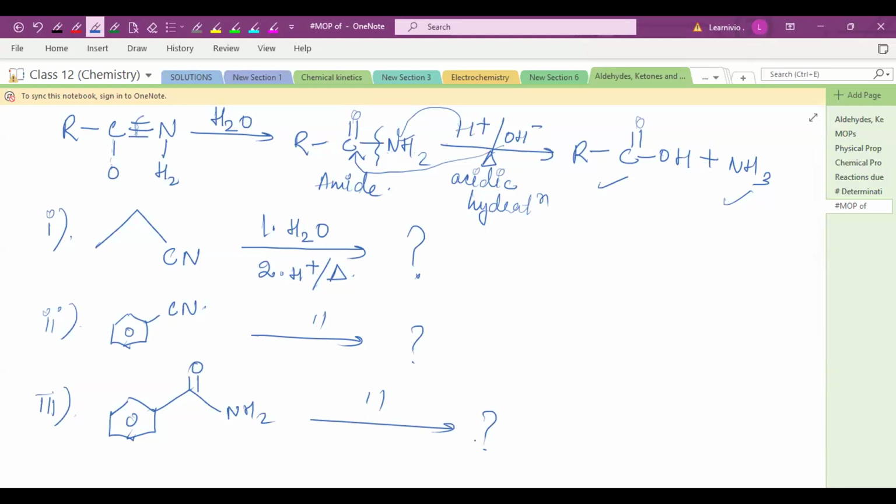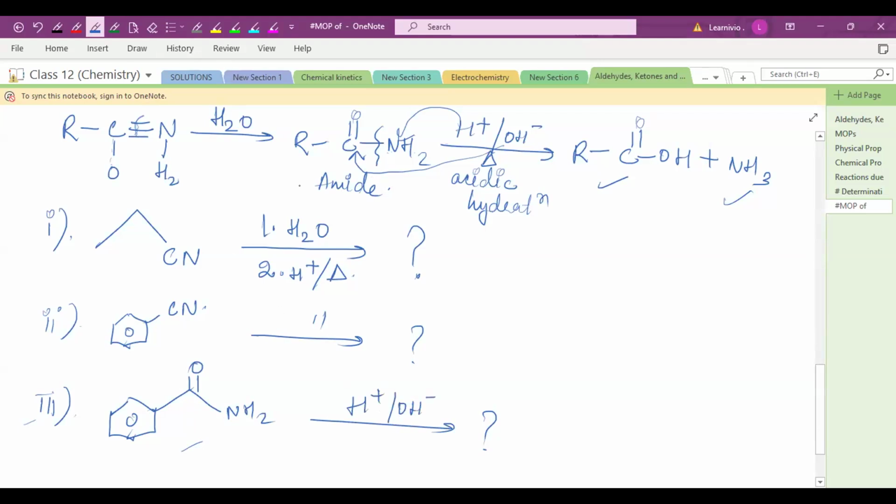For the last one, it's NH2, it's an amide, right? Directly I have given the amide. But here, on the condition, you have to do the acidic hydration only.